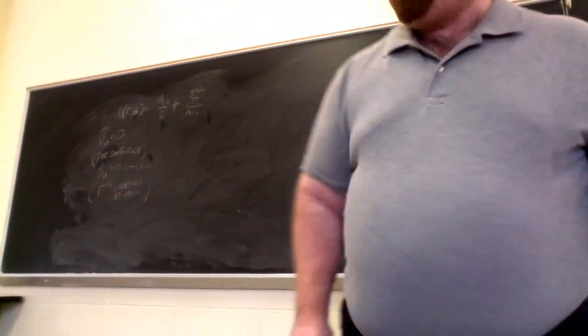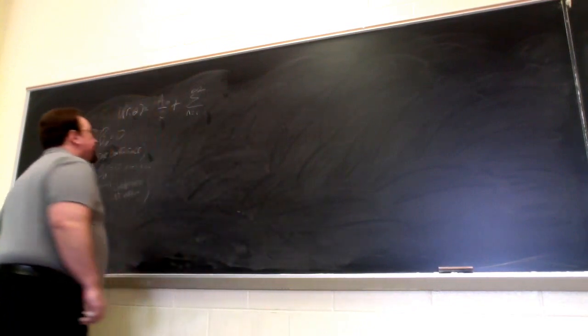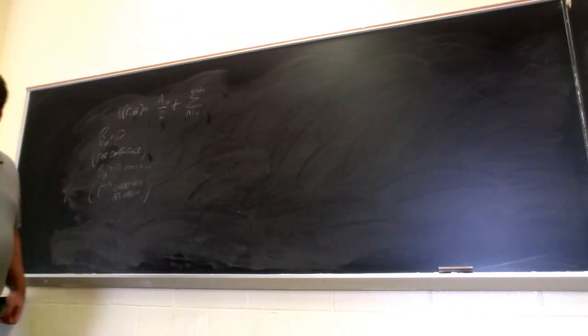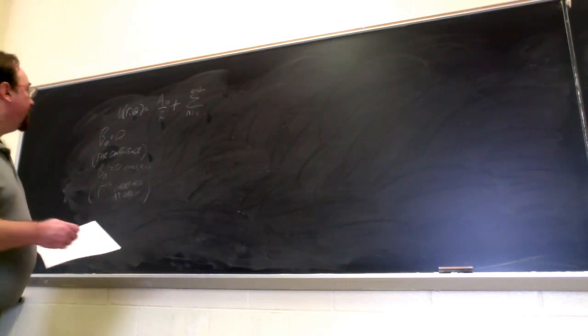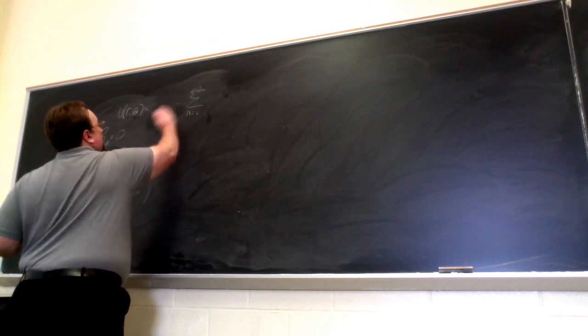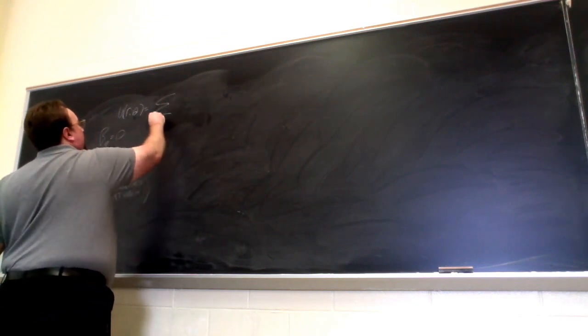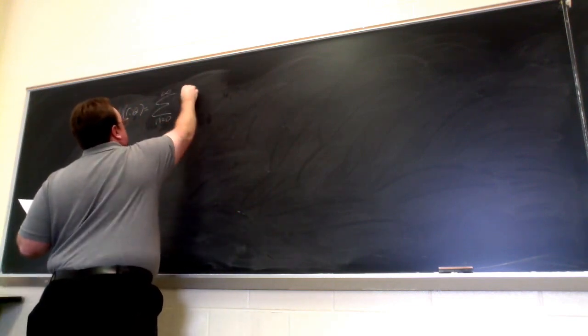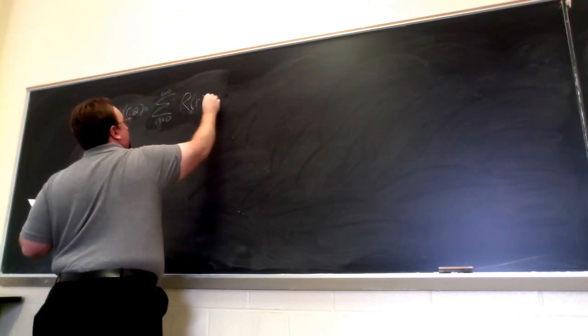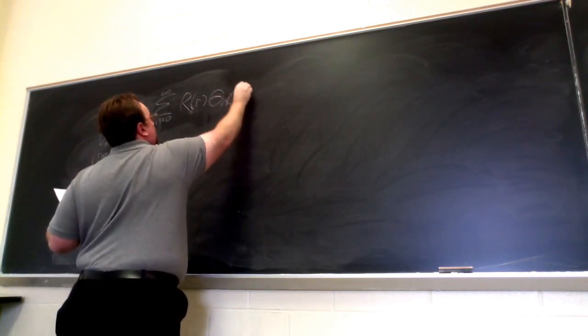So really, I'll take this from the top here: the sum from n equals 0 to infinity of R n of r times theta n of theta.